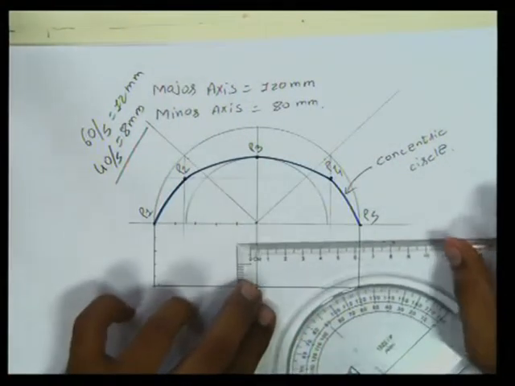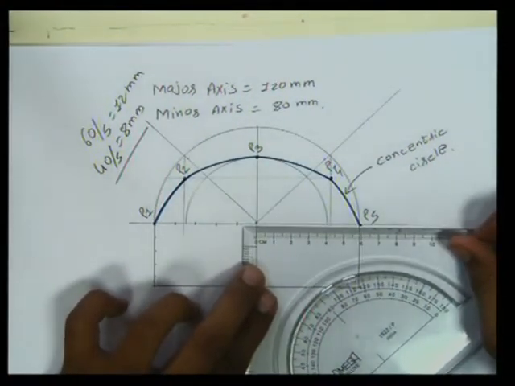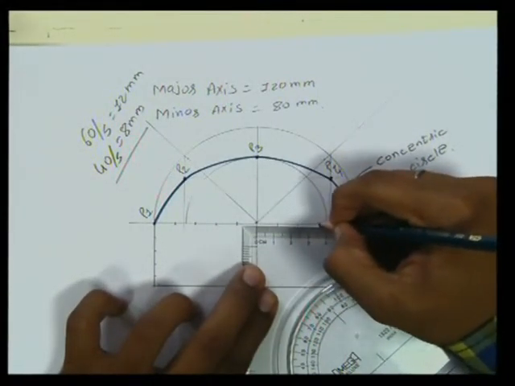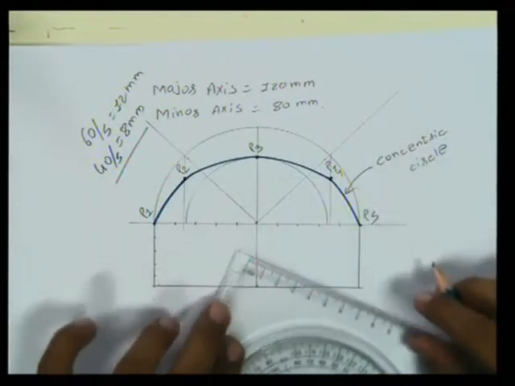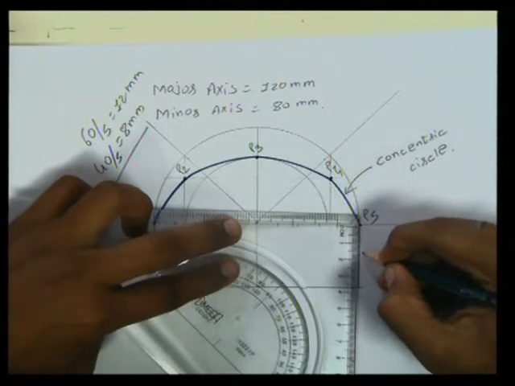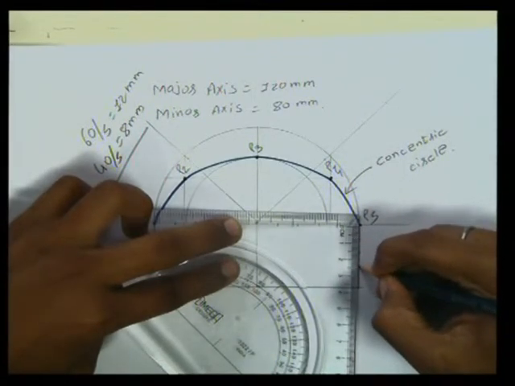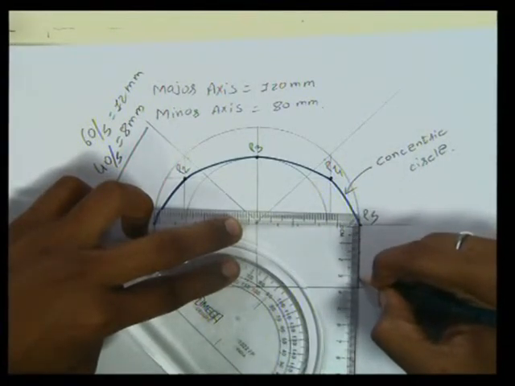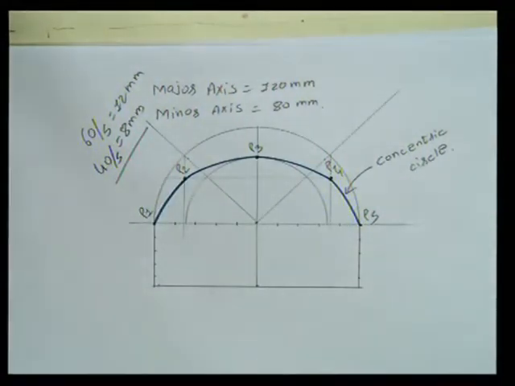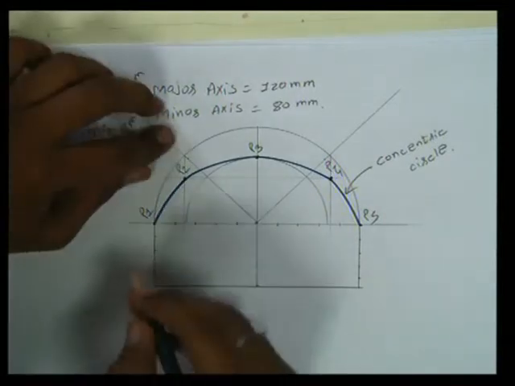The same procedure is to be followed on the other side as well, 12 mm each side. We have divided it into parts.